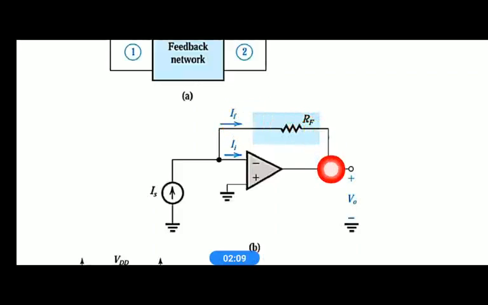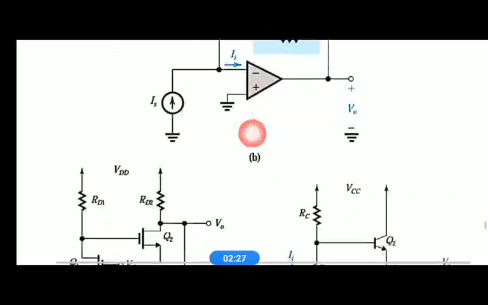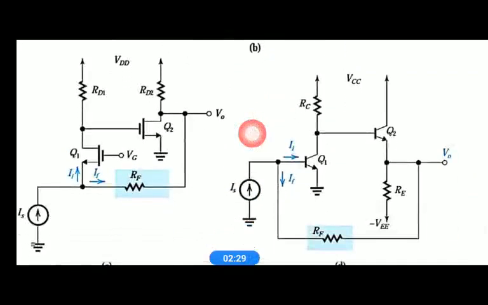So if the output voltage decreases, IF is increased. Increase in Is causes IF to increase.